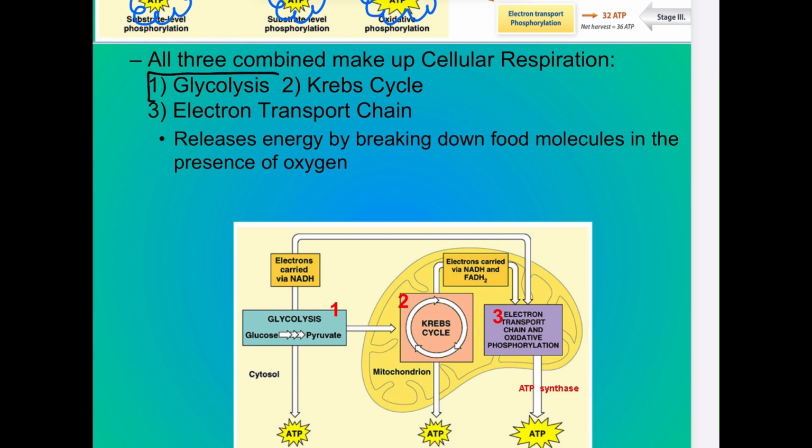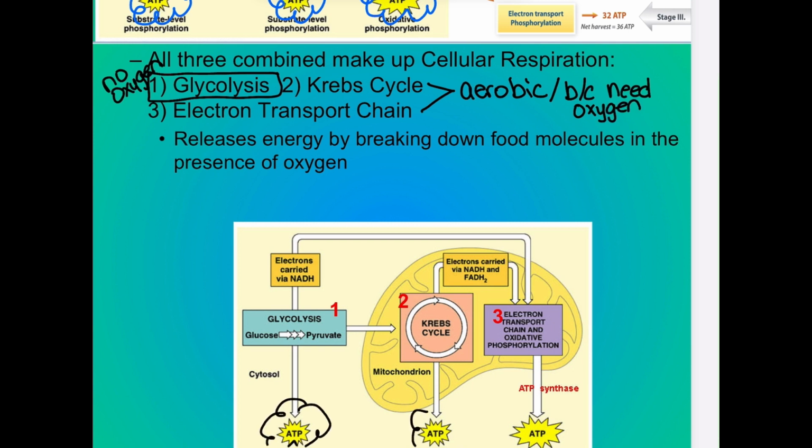So glycolysis right here, that one does not require oxygen. We don't need oxygen for it. But these two processes are called aerobic. And the reason they're called aerobic is because they need oxygen in order to occur. And so during the process, we can see ATP is being made.